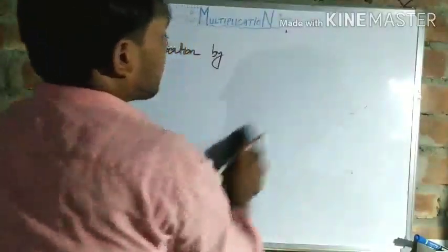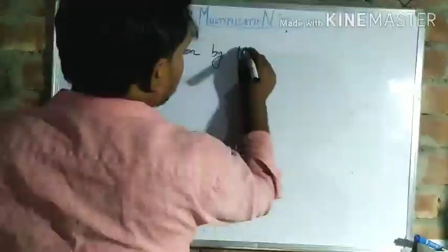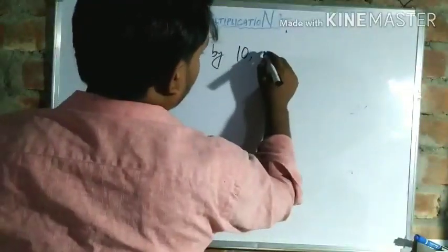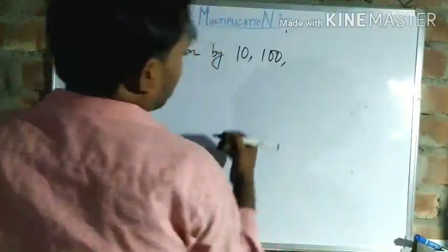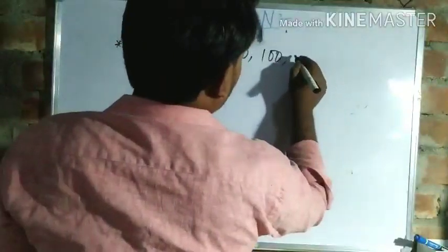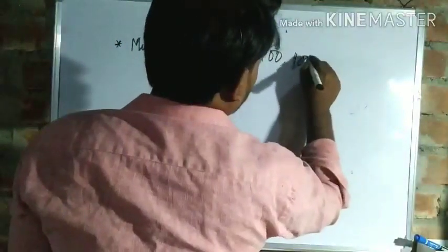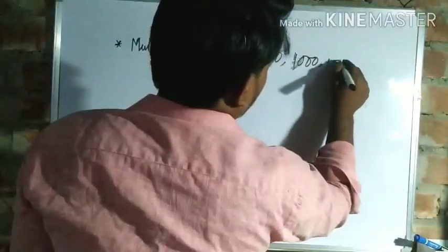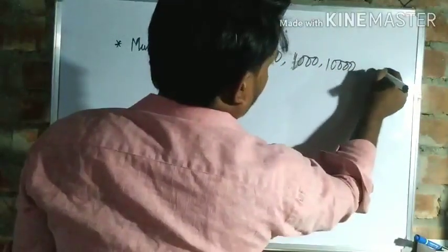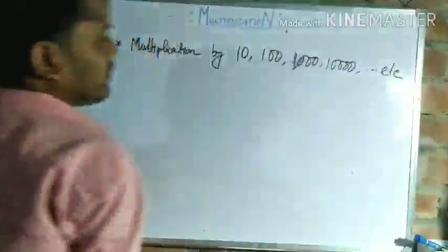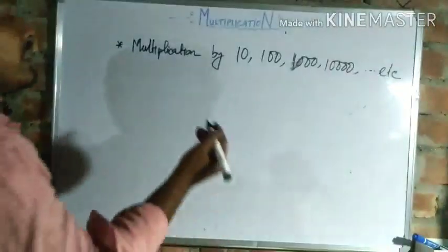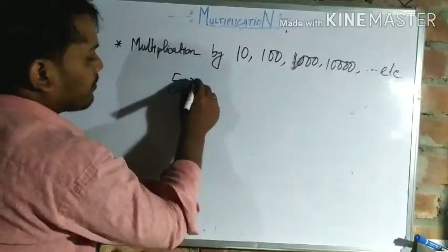Multiplication by 10, 100, 1000, 10,000, etc. So how to multiply 5 into 1000?